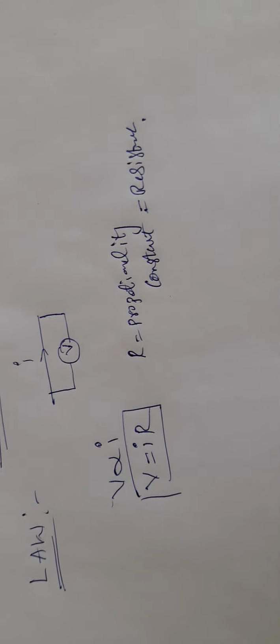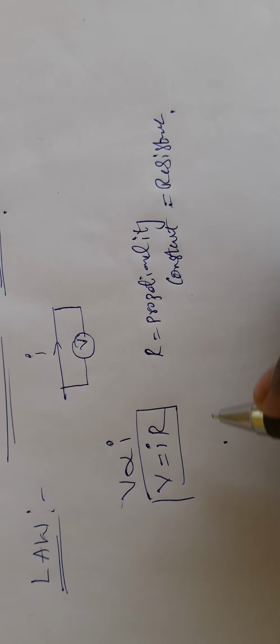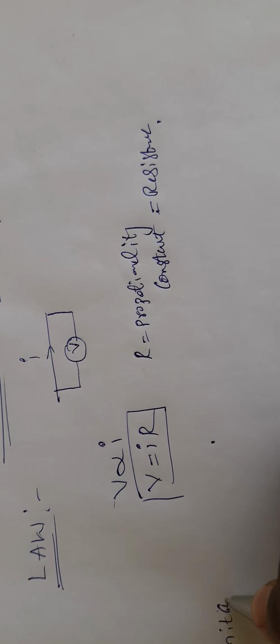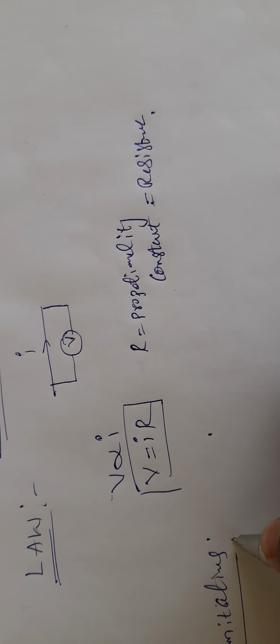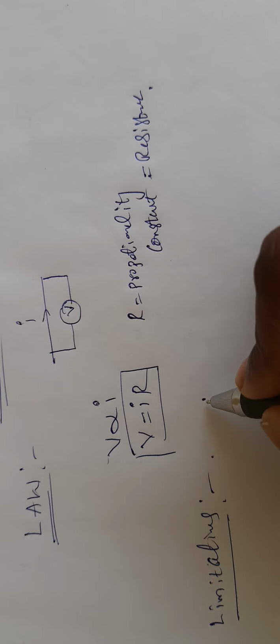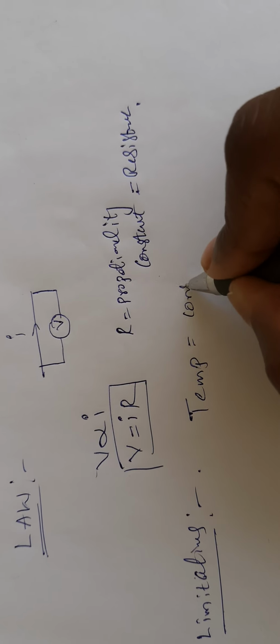Now this is Ohm's law. When it is applicable, there are some limitations for this. What are the limitations? The limitations are some physical conditions, like temperature must be constant.